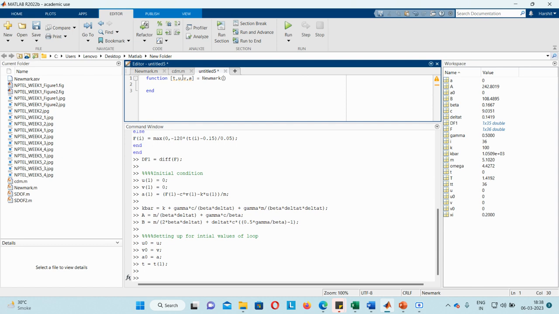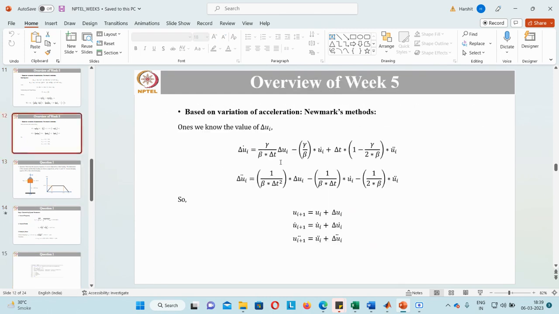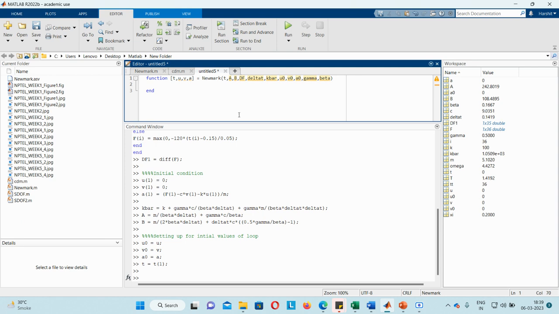The inputs that we may need are t, a, b, tf, delta t, a bar, u naught, v naught, a naught, gamma and beta. So these are all the values that we need for defining these change in response values.